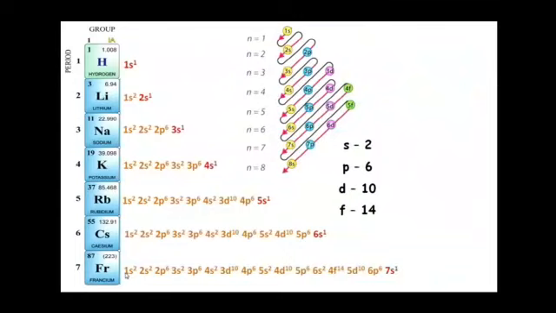Potassium ends with 4s1 and has four shells. Rubidium ends with 5s1 and has five shells. Cesium ends with 6s1 and has six shells. Francium ends with 7s1 and has 7 shells.